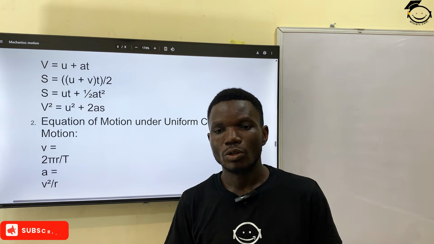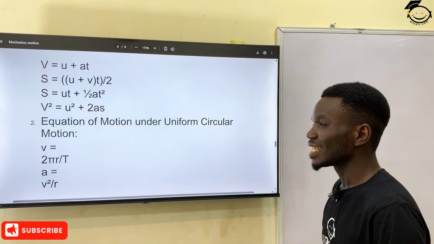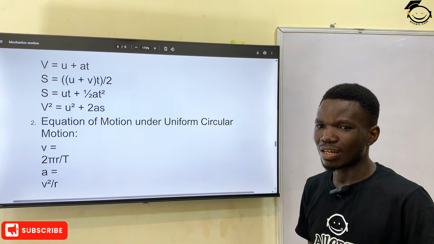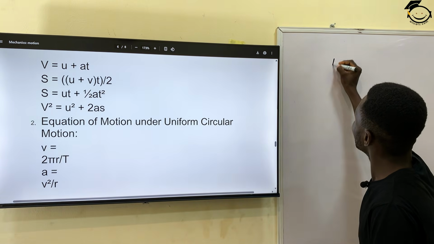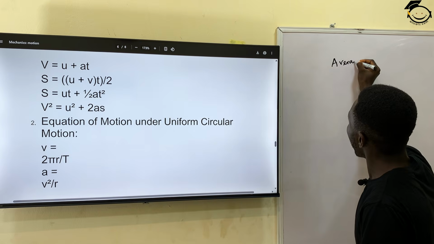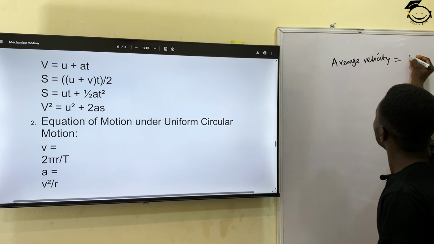So this is my equation 1 for equations of motion. Moving on to equation 2, Sir Isaac Newton also said that the average speed of a body is distance over time. Average speed or average velocity is simply distance over time.